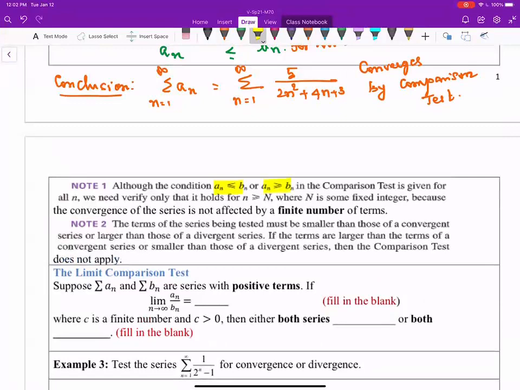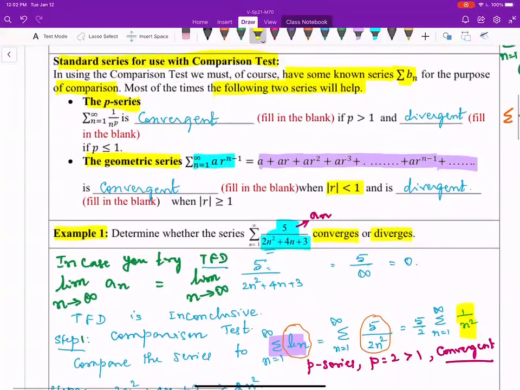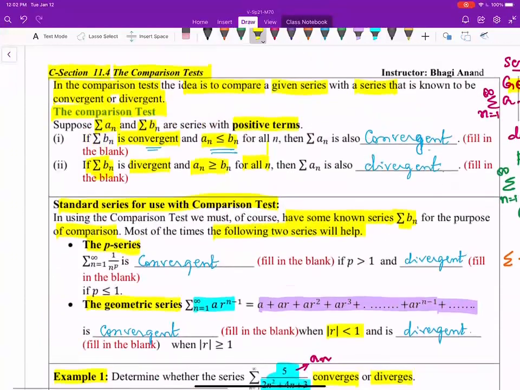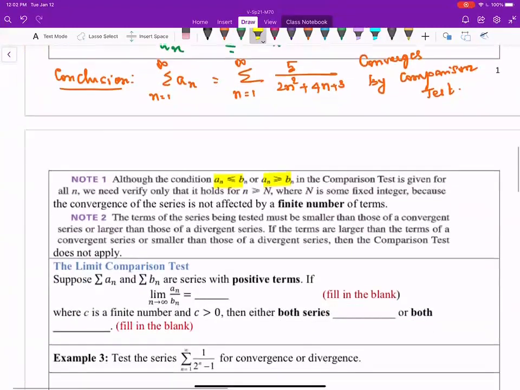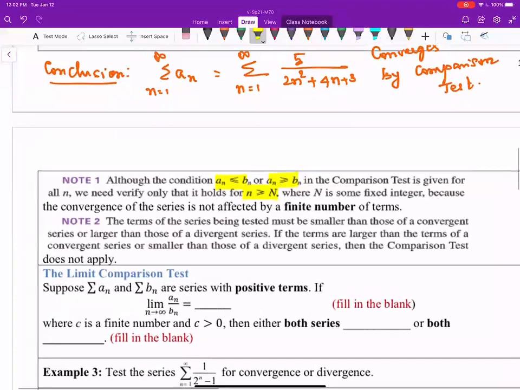We need to verify that it holds for all n more than or equal to N. Even though this condition needs to be established, if it happens eventually, if it happens ultimately, then it's okay to have that condition.